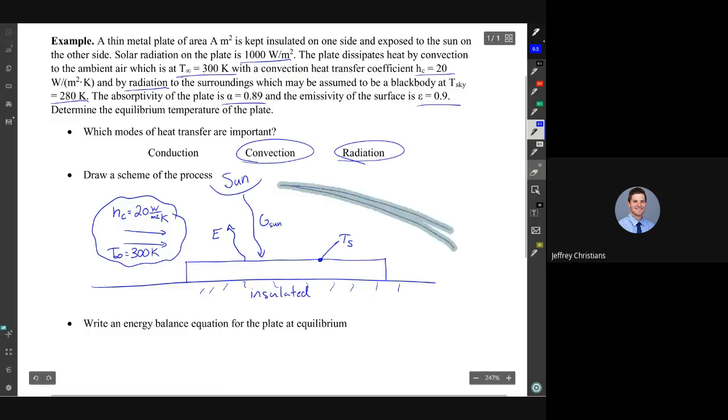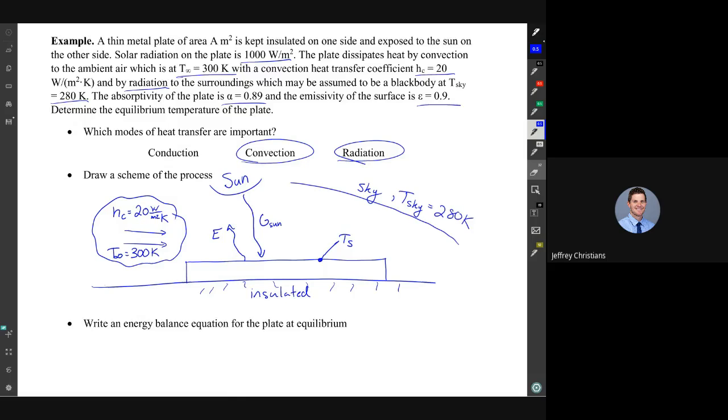This is the sky, and we're saying T sky equals 280 Kelvin. And this is emitting light, call that G sky. Okay, so we have a lot of things going on, which is why drawing a picture like this can help us.